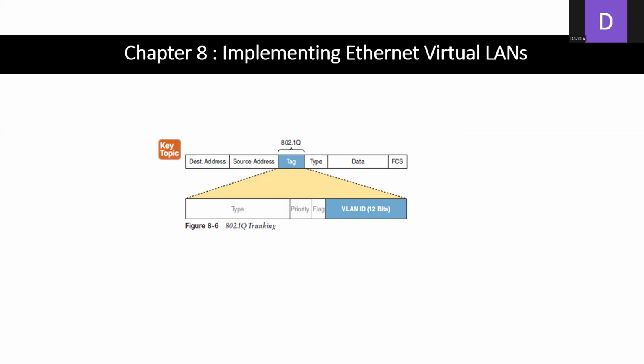If you don't define what the native VLAN is, the native VLAN for a trunk will always be VLAN 1. The rules for trunking: the native VLAN has to match on both switches. If you have a native VLAN mismatch, traffic will not pass.